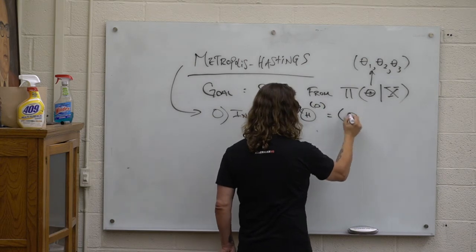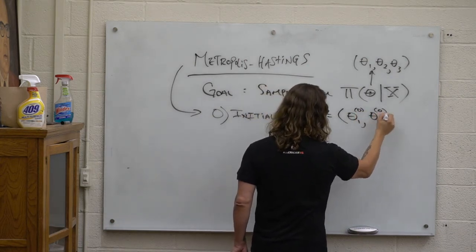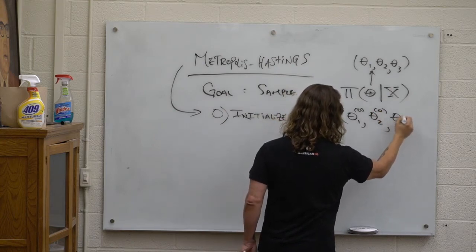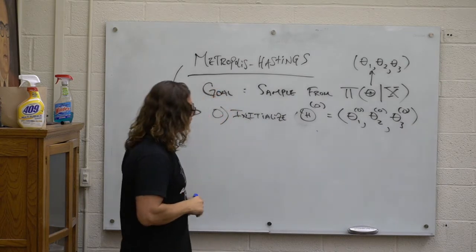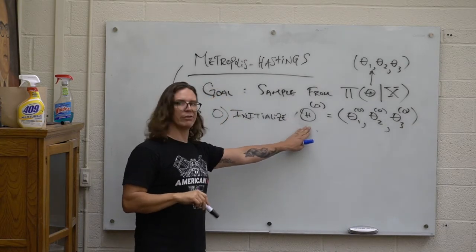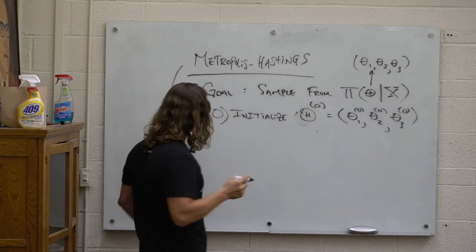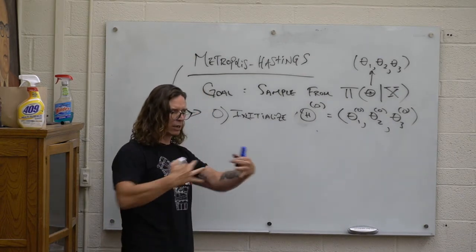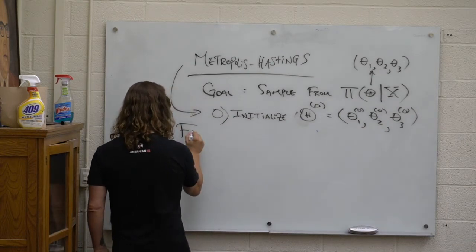That's just going to be theta 1, theta 2 at the 0th iteration, and theta 3. So in this first implementation I'm going to show you, I'm just treating this as just a collection of things all together. I've got some notation for it. Later on, we can combine the concepts in these algorithms. So this is what it looks like.